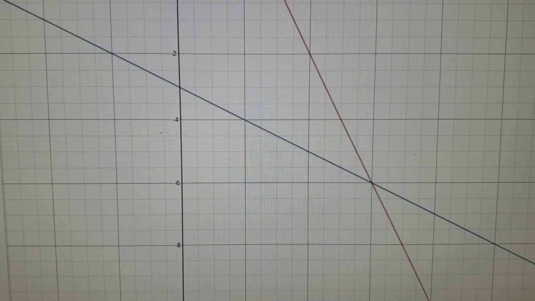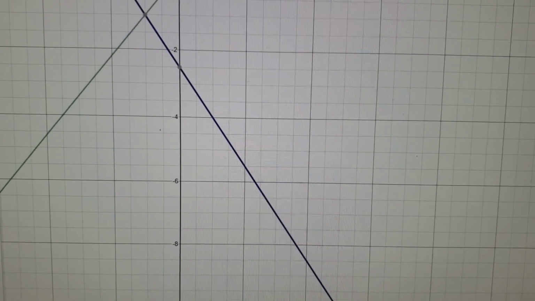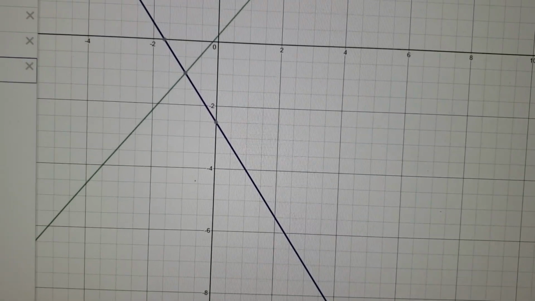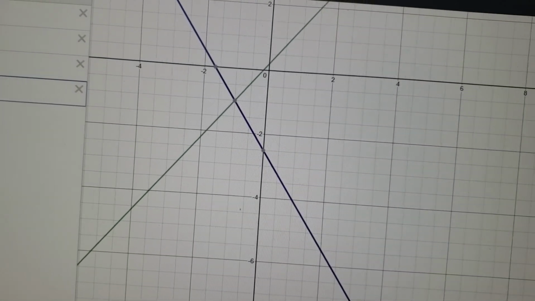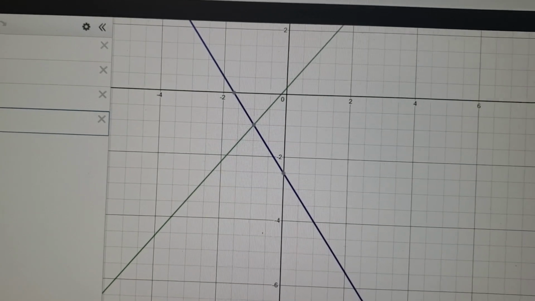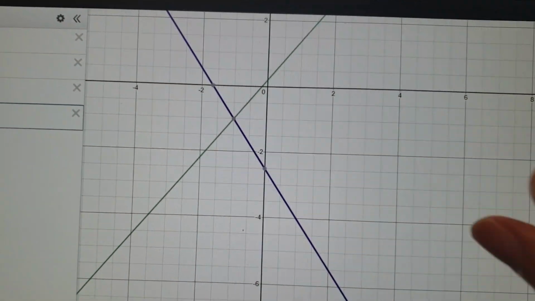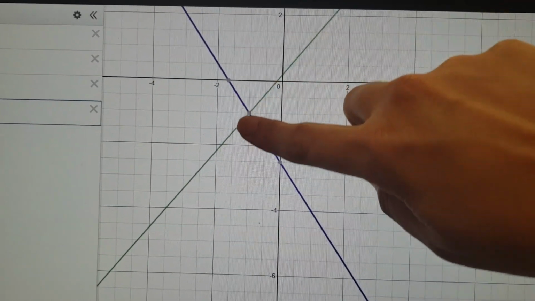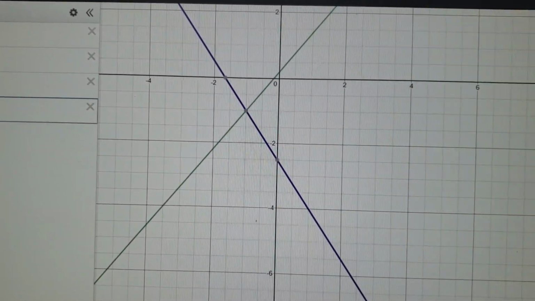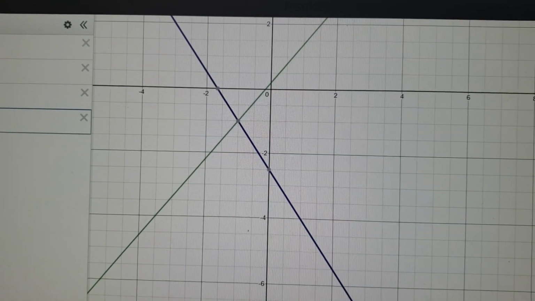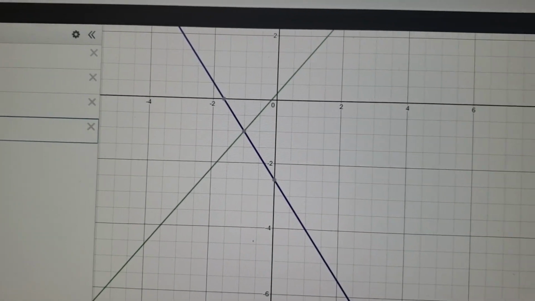Now, if I take these equations off of here and I put up the second system, negative 6x plus 5y equals 1 and 6x plus 4y equals negative 10, I find that I have a solution right here, and that solution is at negative 1, which is the x and y coordinate that we found when we solved that system of equations.